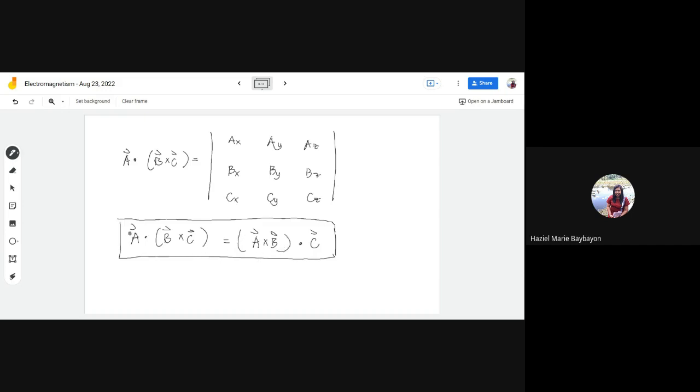On the right-hand side of the equation, you cannot place it there because A dot B cross with C has no meaning, since A dot B is not a vector quantity. You can only cross two vector quantities. Let me just erase this one.